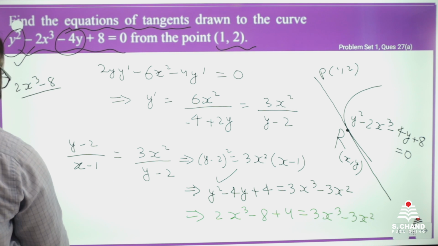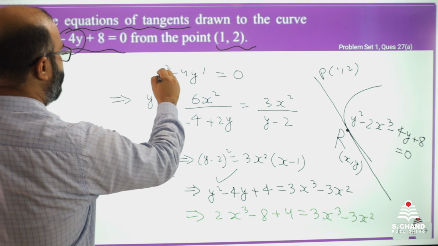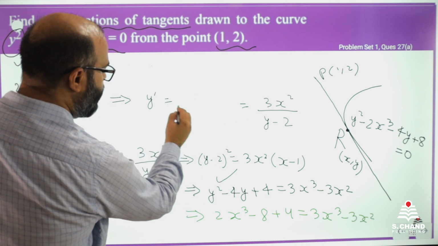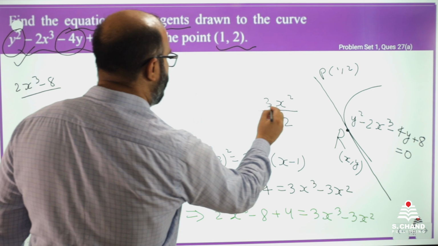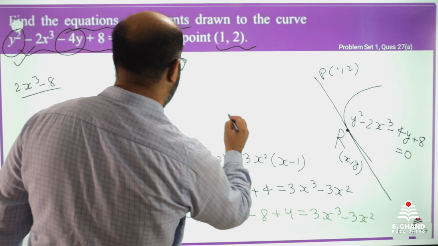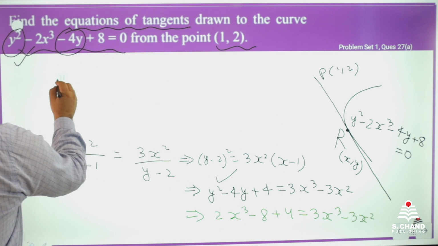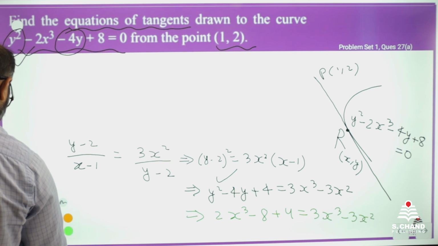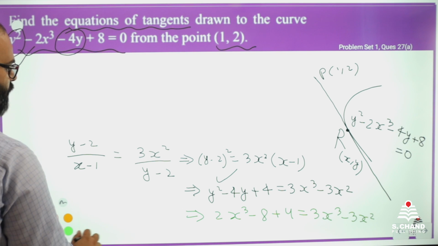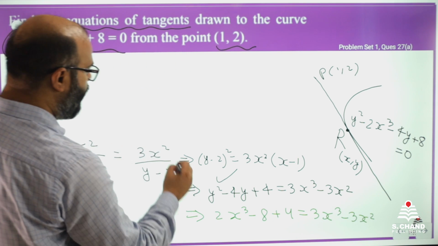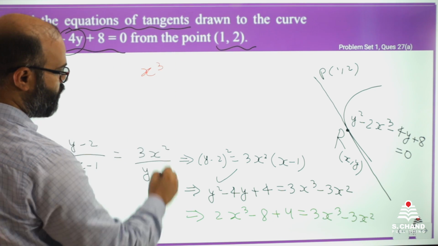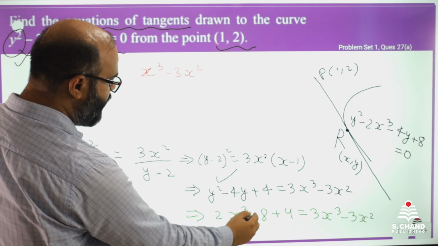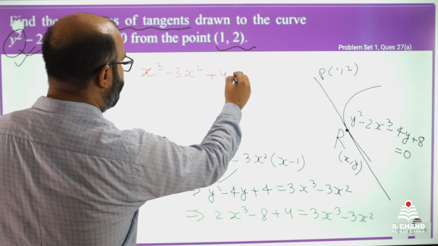I am erasing this portion which we have already calculated, and we have now found the relation of x from where we can solve and get the value of x. So just see the calculation part now. The calculation says that 3x cube minus 2x cube will be x cube, and minus 3x square is there, and then we have minus 4 which will go there and it will become plus 4 is equal to 0.